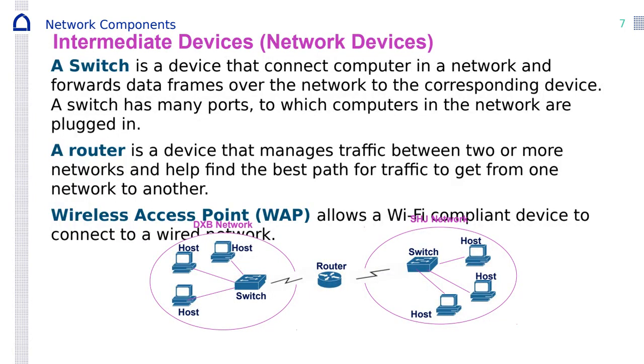So we have a switch. A switch is a device that connects computers in a network and forwards data frames over the network to the corresponding device. They connect computers in the local area network. A router is a device that manages the traffic between 2 or more local area networks.